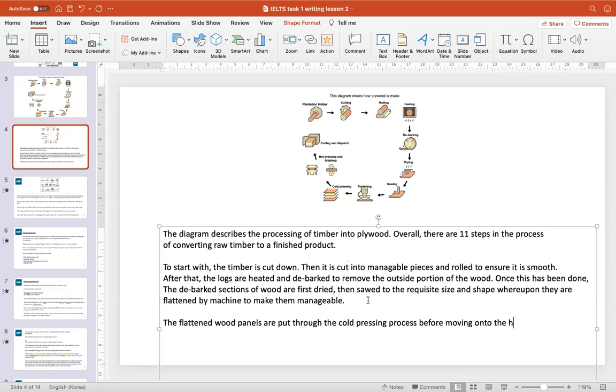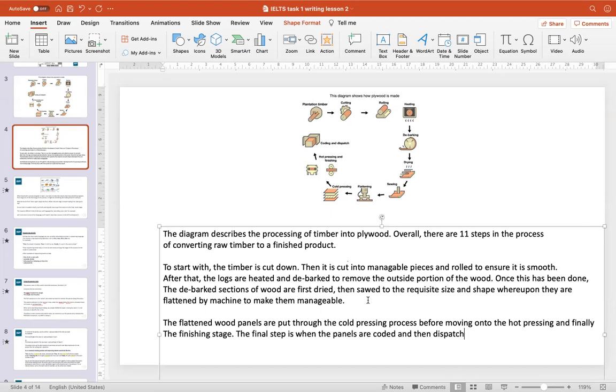Flattened wood panels are put through the cold pressing process before moving on to the hot pressing, and finally the finishing stage, I guess, right? And then we could say the final coding and dispatch. The final step is when the panels are coded and then dispatched.